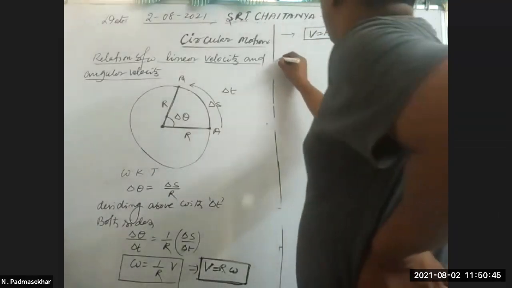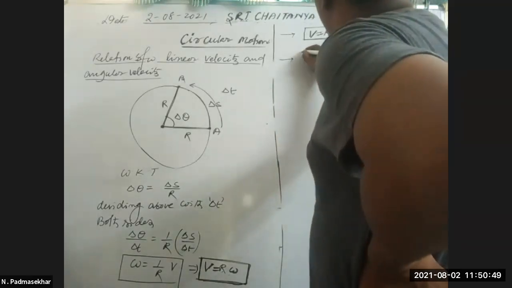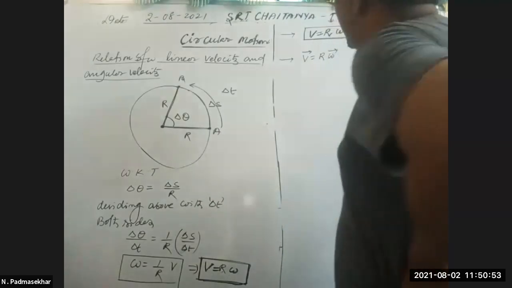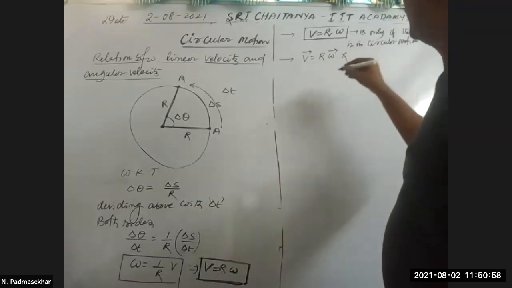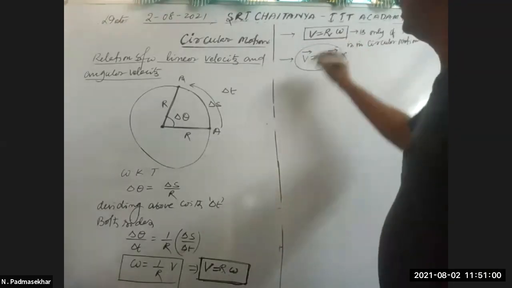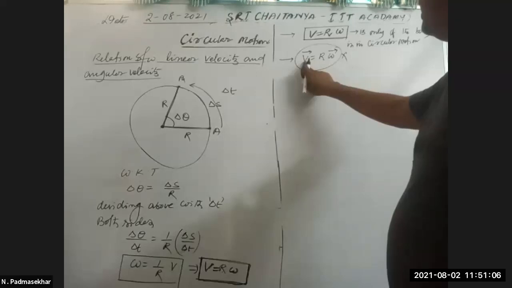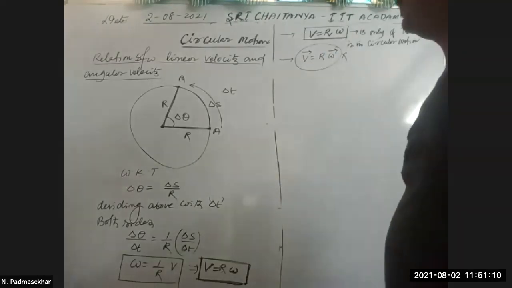Then how can we write this? Is V bar equal to R omega bar correct? No, this is wrong. We are not able to write V bar is equal to R omega bar because V bar and R bar are not in the same direction.